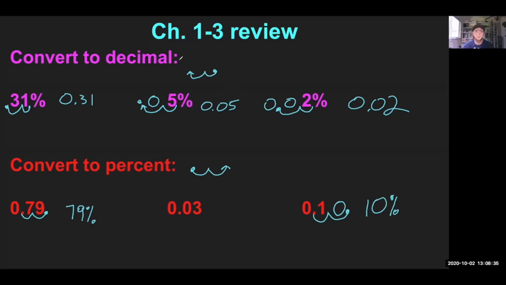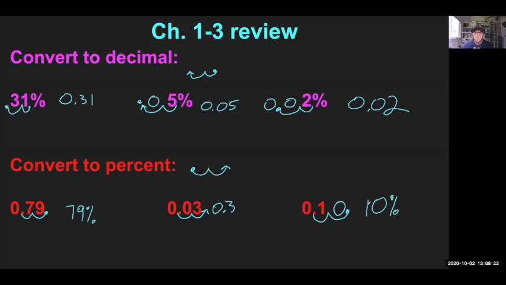Ready, go. 0.03, you should have 1, 2, decimal there, which means it's just going to be 3%. Okay, now you do this last one. Ready, go. Okay, so you're still going to move it 2 places, right? 1, 2, decimal point. What goes in the empty space? What goes in the empty space is 0. So now your answer should be regular old 10%.